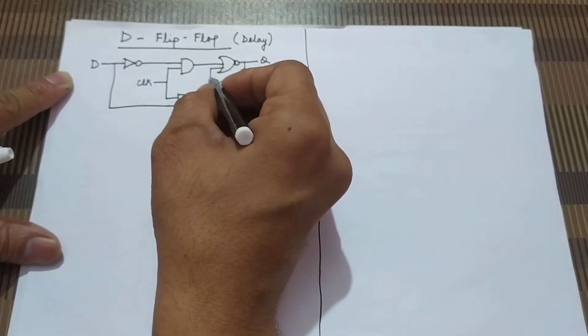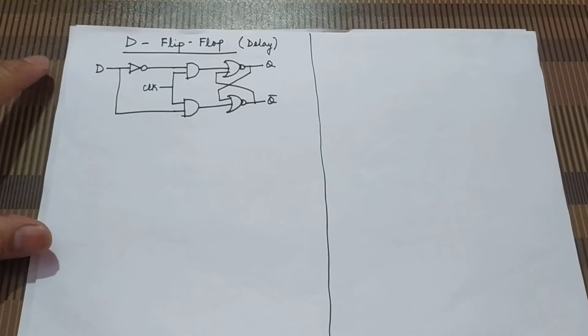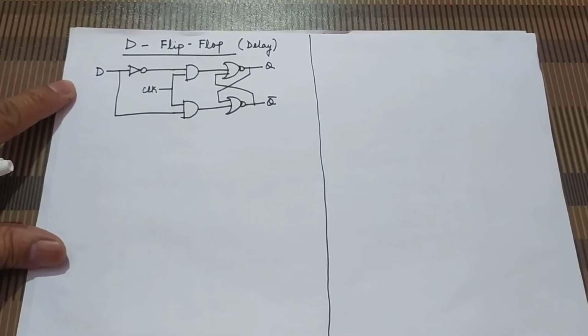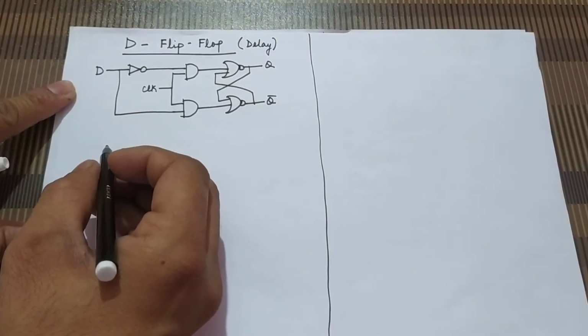Okay, it's a simple circuit diagram for D flip-flop. Now we'll be seeing the characteristic equation of D flip-flop.